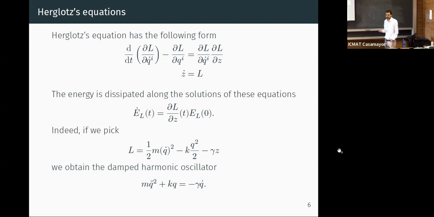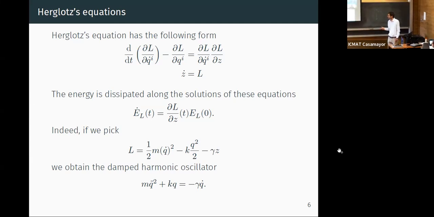Obviously, this damped harmonic oscillator has a Lyapunov function. But just by looking at the equation, it's not easy to see what the Lyapunov function is, because it has a mixed term, mixing the P and the Q. If I rewrite it in the Hamiltonian way, the Lyapunov function mixes P and Q, so it's not just kinetic plus potential.